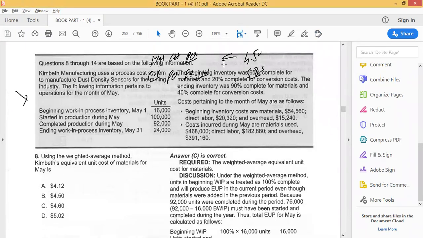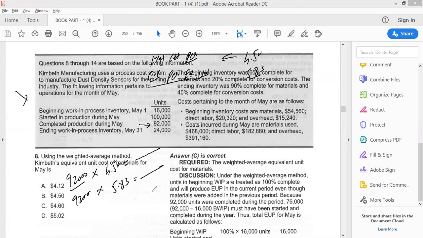The only thing you have to do is multiply the finished units, completed units, which here are 92,000, by the per unit material cost, and you will have an answer here. And 92,000 multiplied by the per unit conversion cost of 5.83, you will have an answer here. When you add these two values, you will have the value of finished goods.